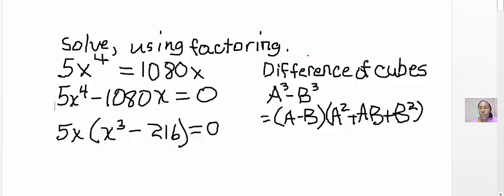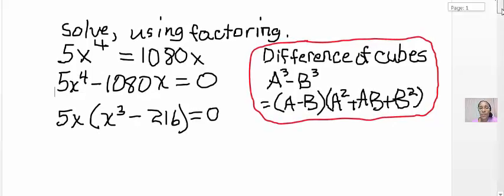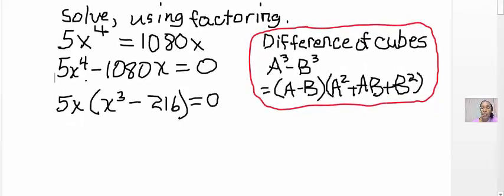It's assumed you know this formula. If you don't, that could be problematic because you'll be wondering where things are coming from. We need it here because x cubed minus 216 is x cubed minus 6 cubed.